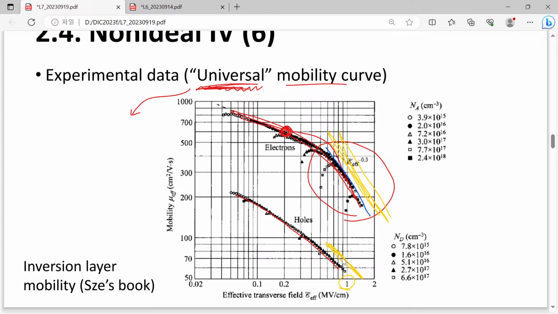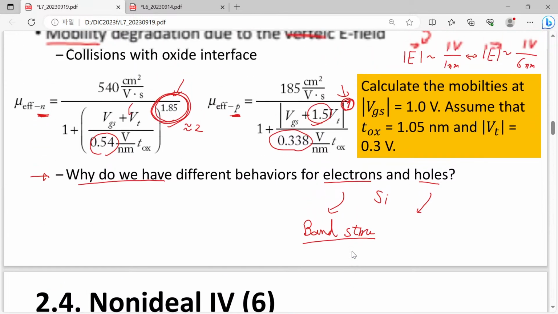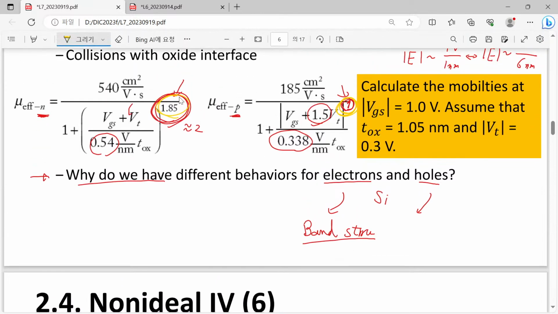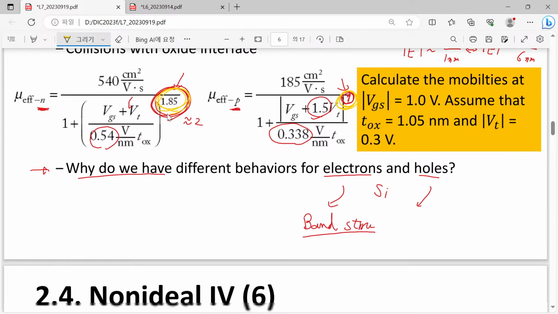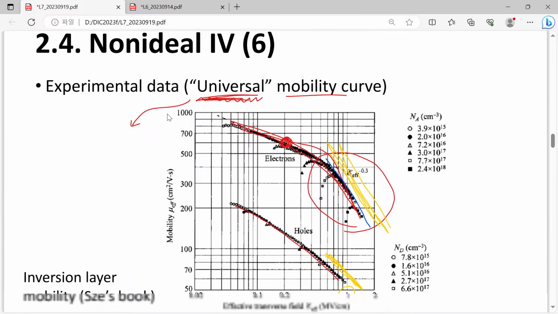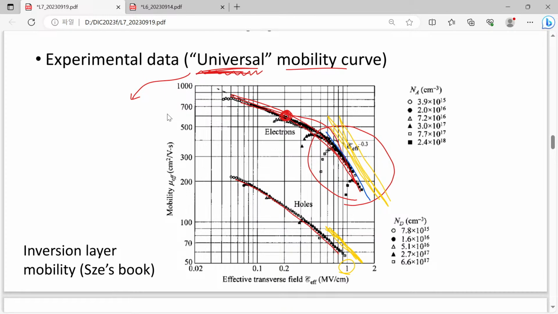This is the graph, corresponding to the different power shown here and there. The silicon electron inversion layer shows much faster mobility degradation when we have a high vertical electric field. And why? That is due to the difference in band structure.